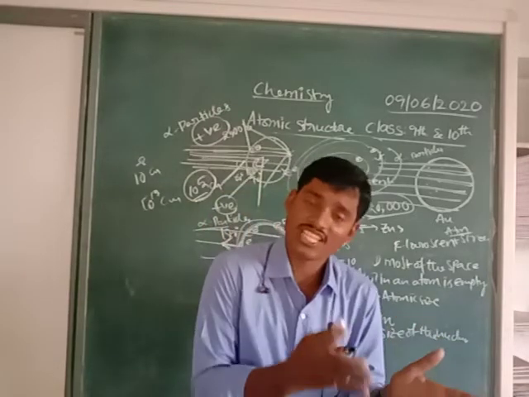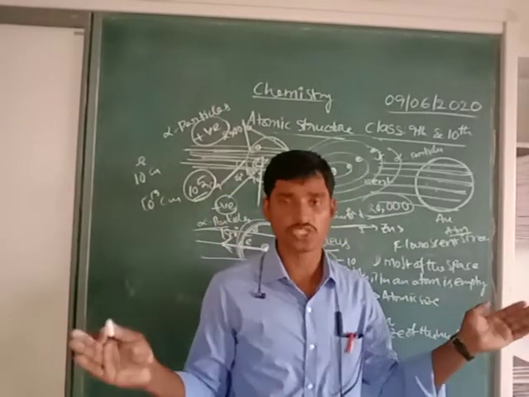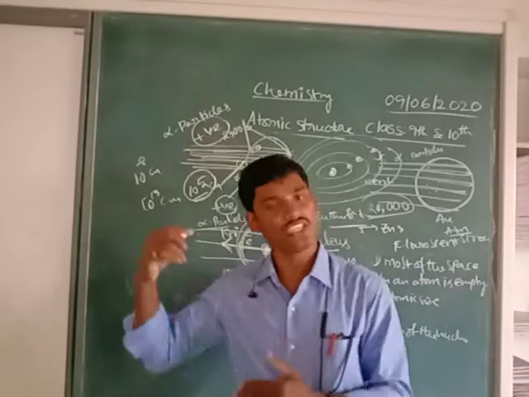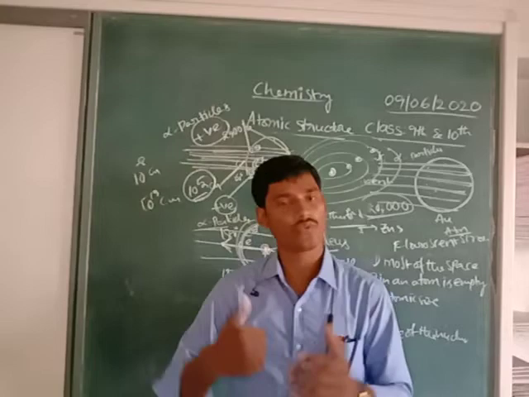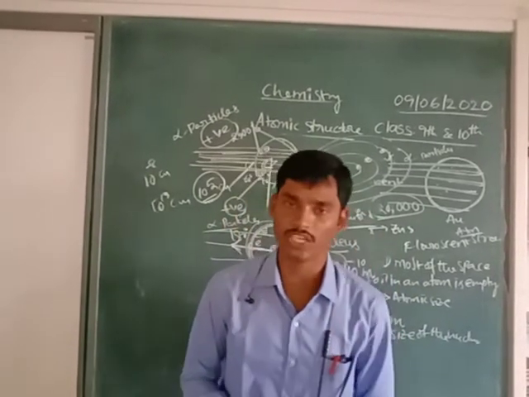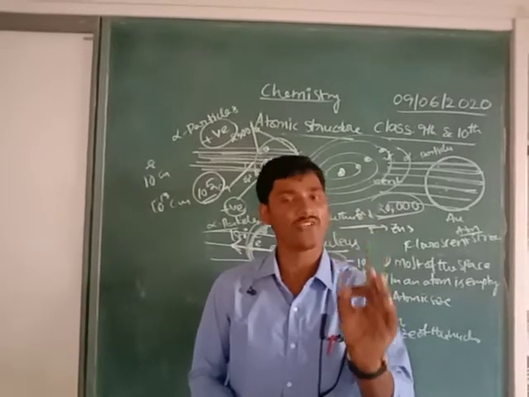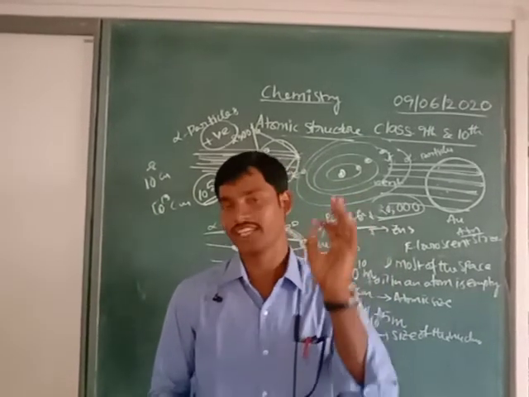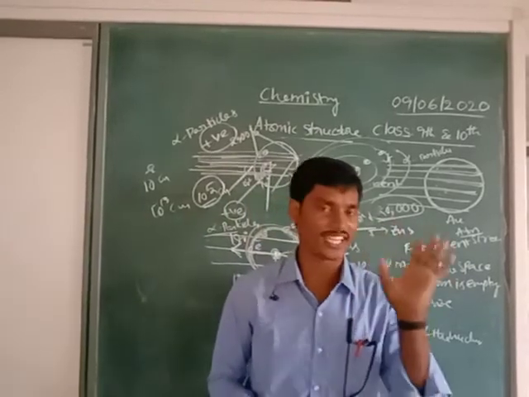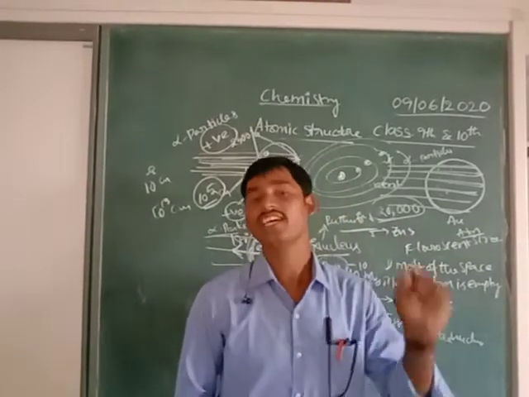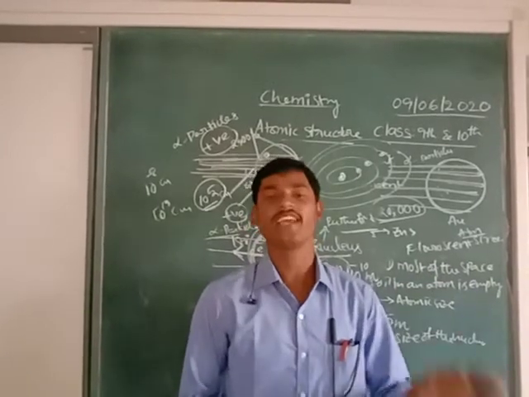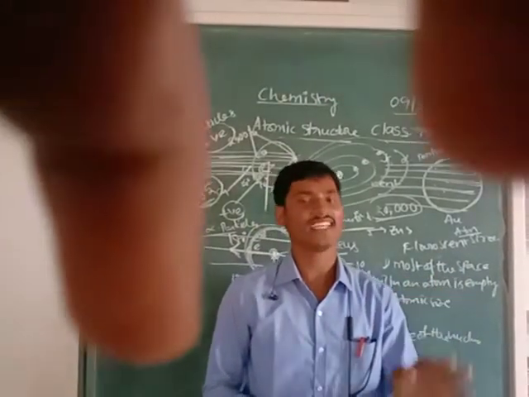If it lost its energy, it would come closer to the nucleus and the atom would collapse, but that does not happen. So the stability of the atom is not explained by Rutherford's alpha-ray scattering experiment. That is the first drawback, children. What is the first drawback? The stability of the atom is not explained by Rutherford's alpha-ray scattering experiment.